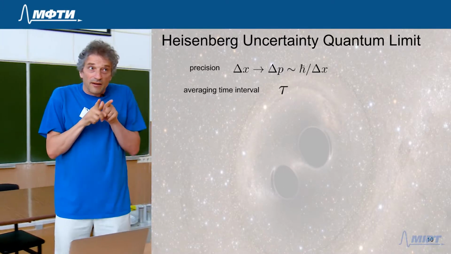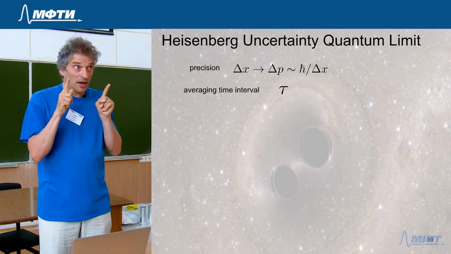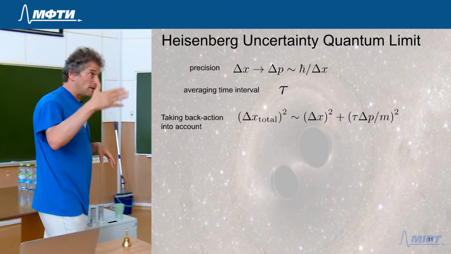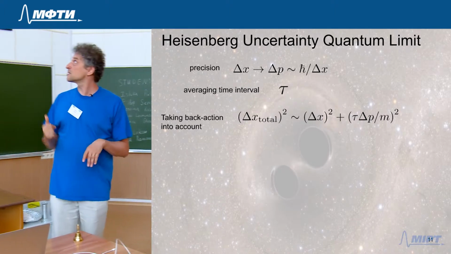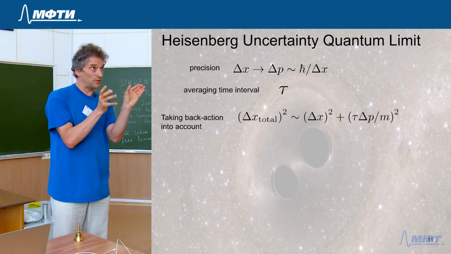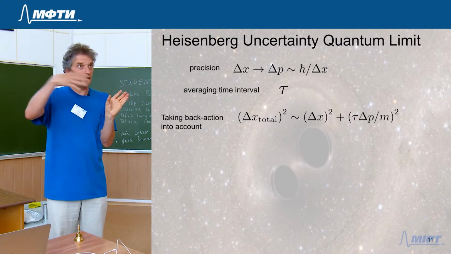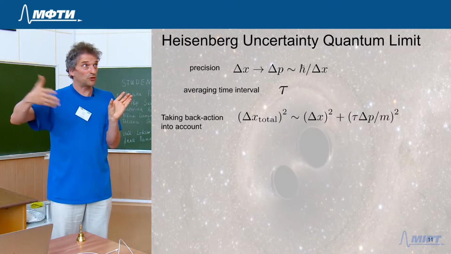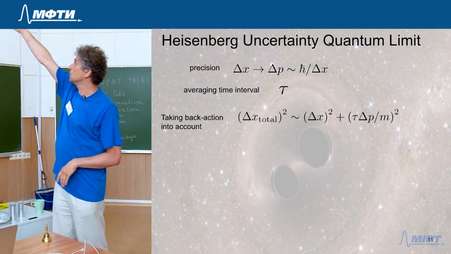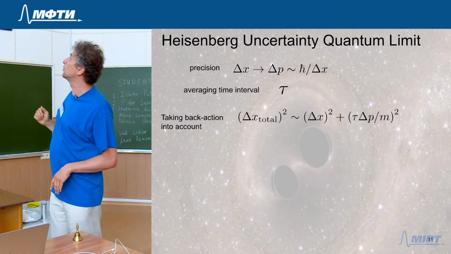Now, this random perturbation of momentum, after time tau, will produce an uncertainty in displacement. So the total uncertainty is a combination of the initial error of your measurement and the random perturbation of momentum that you caused as a result of this measurement. If you add this in quadrature, you see that there are two components.